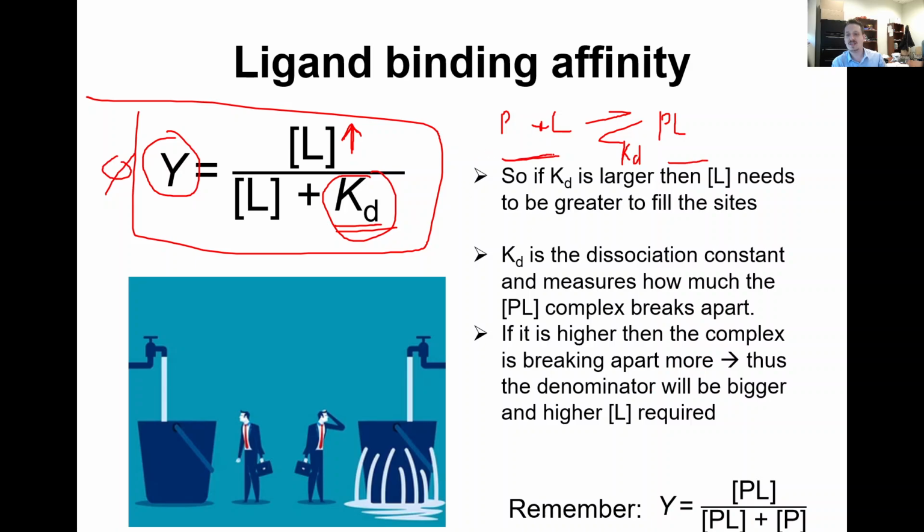Is it more on the reactant side, or more on the product side? And to what extent? If the Kd value is quite high, then it's going to be pushing it over to this side. But remember Le Chatelier's principle: if I increase the concentration of ligand, then I'm going to push the reaction to the right, and I'm gaining more protein-ligand complex, which is fullness of protein.